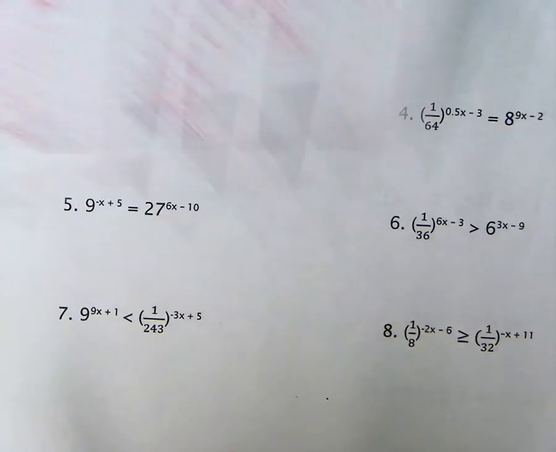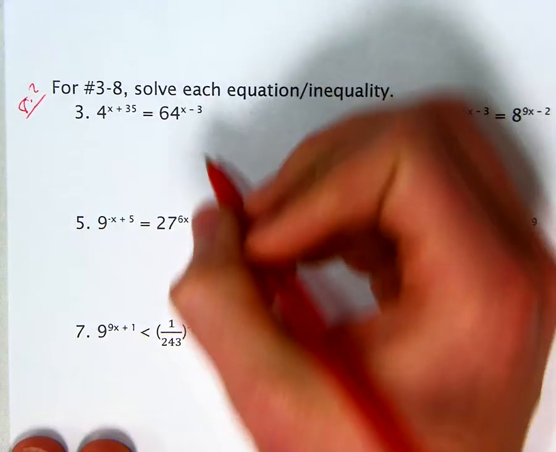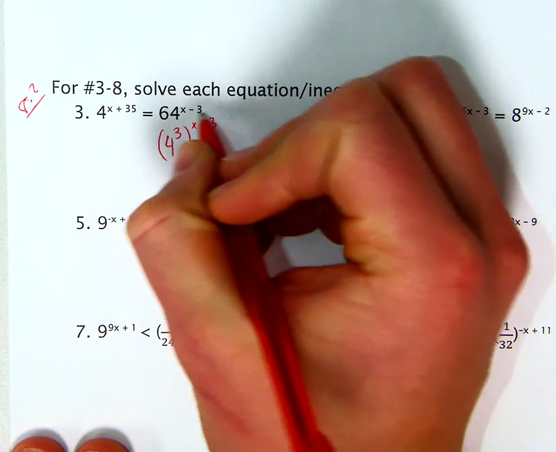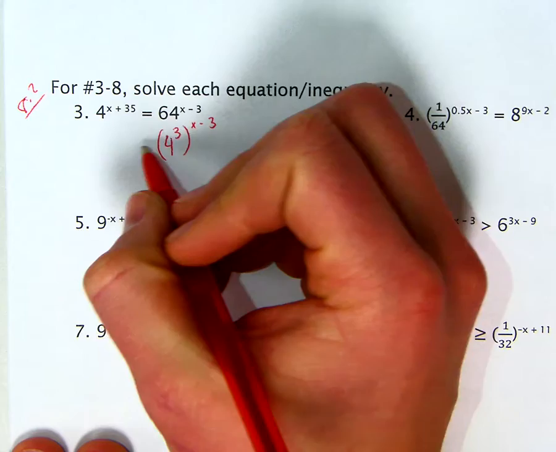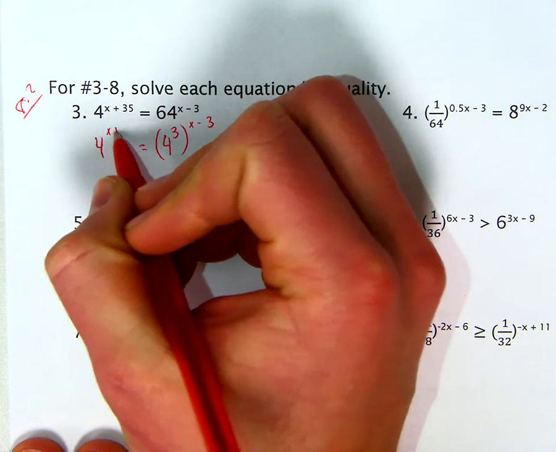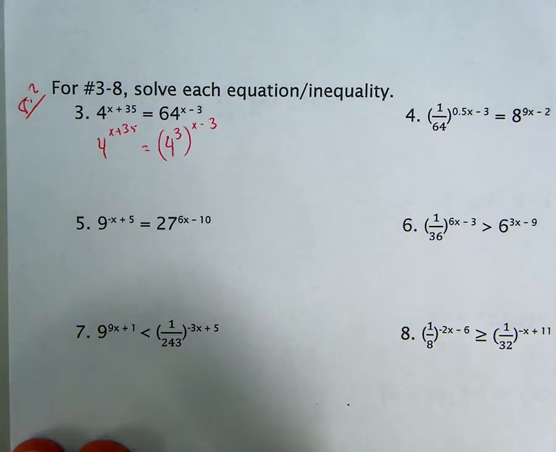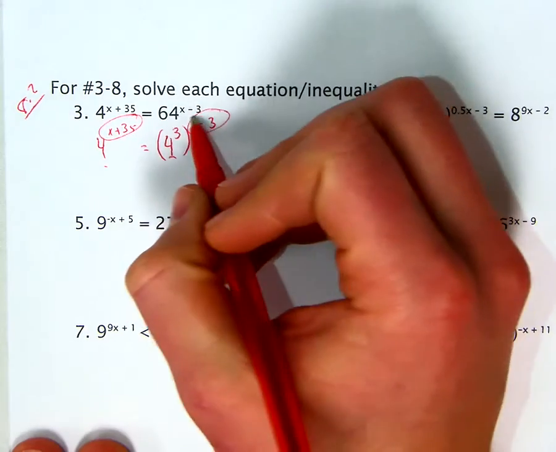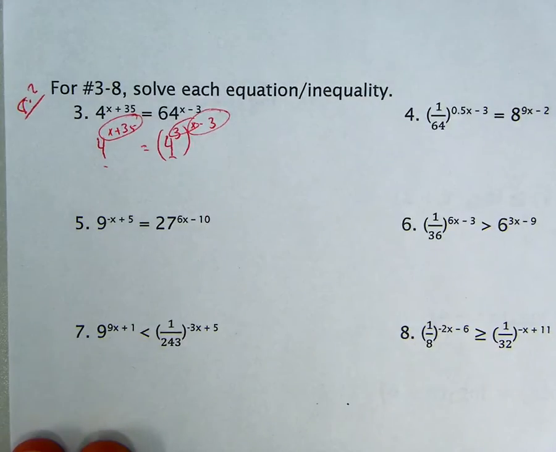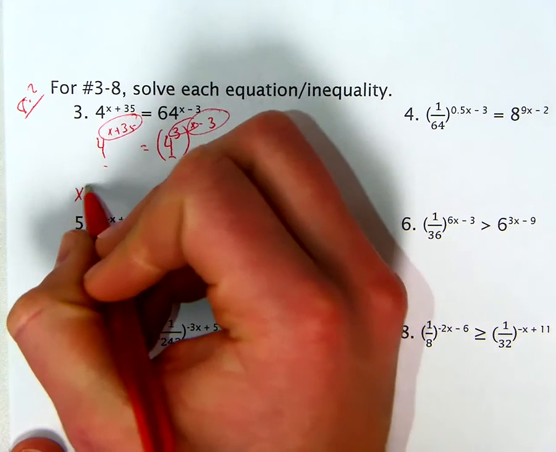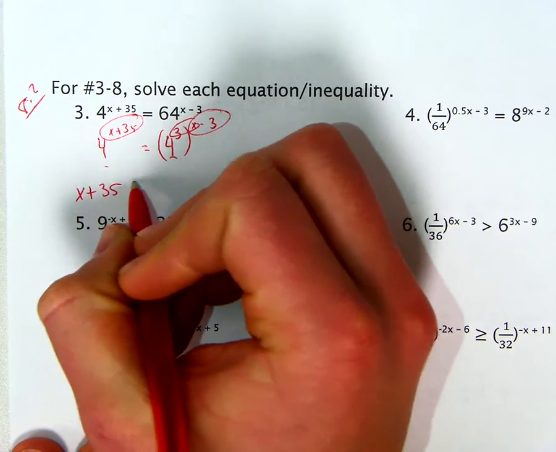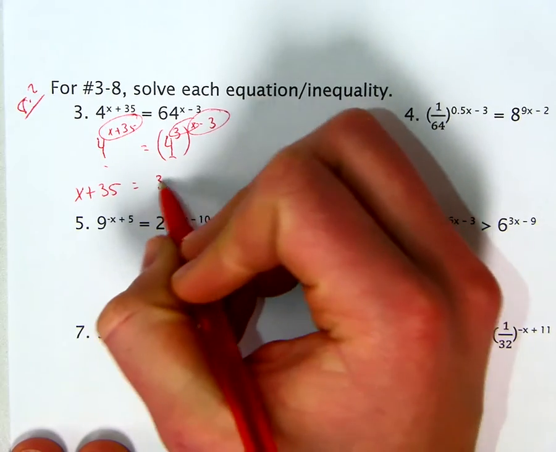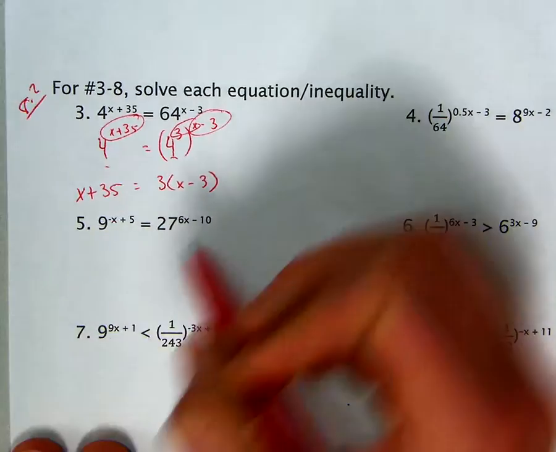So I can break down the left side to 4 to the third, and then don't forget what's there already, equals 4 to the x plus 35. Once they are the same, you are going to set the exponents equal. So on the left side we have x plus 35 equals, and you have a 3 to the x minus 3, so it's 3 times x minus 3.